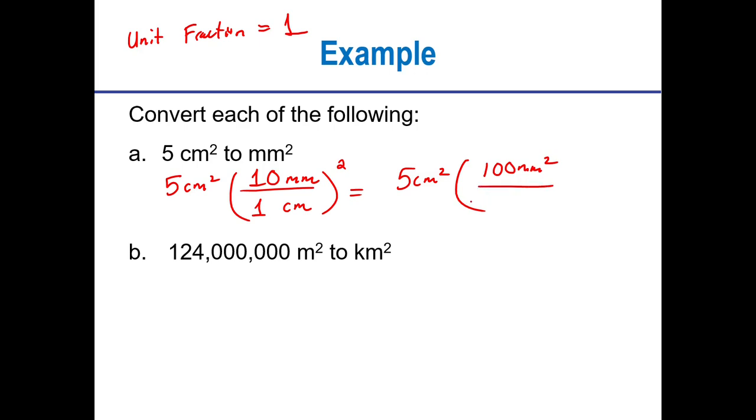And on the bottom, 1 centimeter squared is going to give us 1 centimeter squared. Now notice the units are the same now, and then they can finally cancel out. So we have 5 centimeters squared is actually equivalent to 5 times 100 millimeters squared. So that is equivalent to 500 millimeters squared. So that is our conversion.